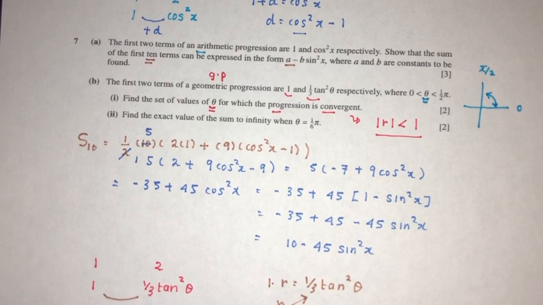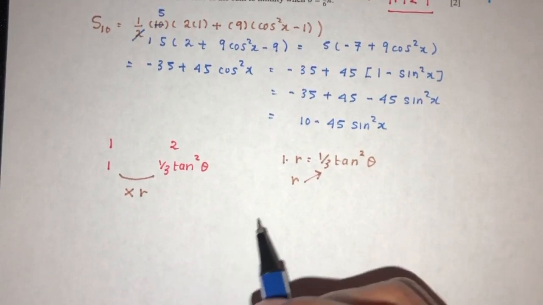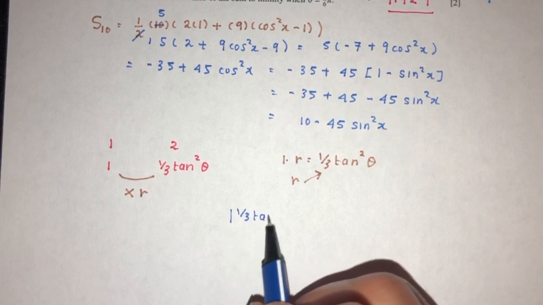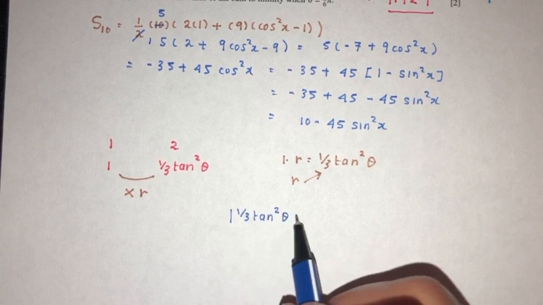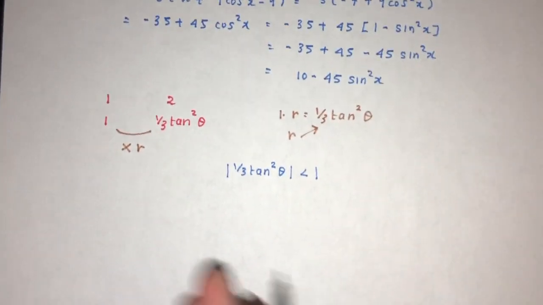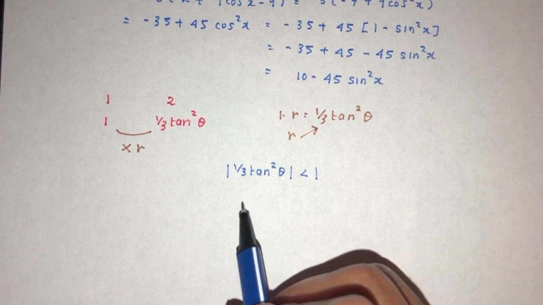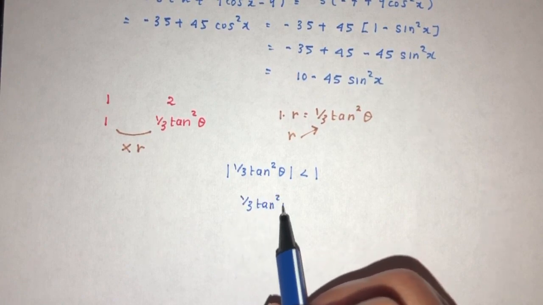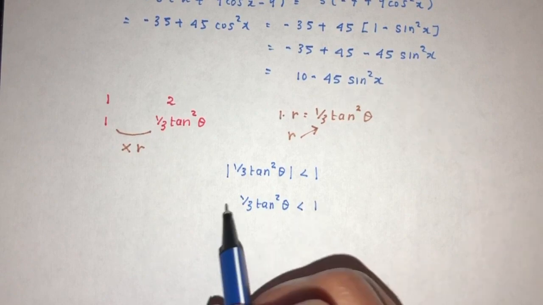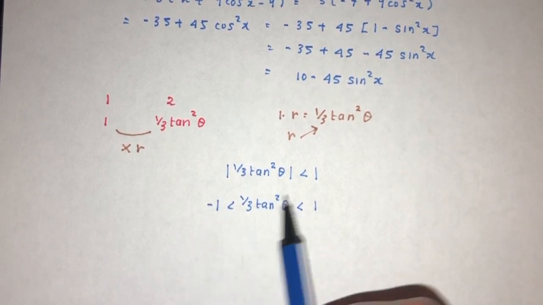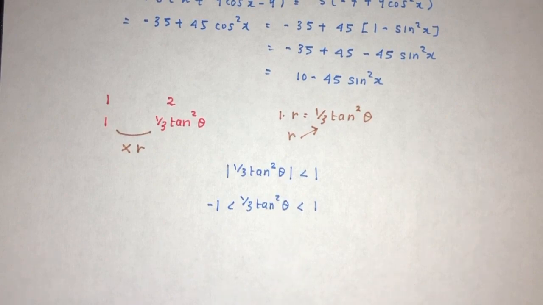So let's write this. Here we have r as 1/3 tan square theta, and this must be less than 1 in modulus. We can simplify this: 1/3 tan square theta has to be between minus 1 and 1. Obviously it cannot be negative because the square of a value cannot be negative.